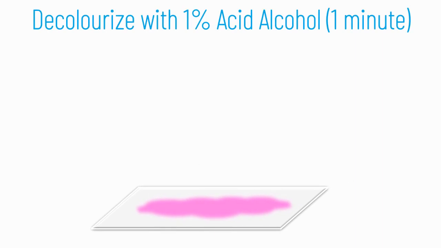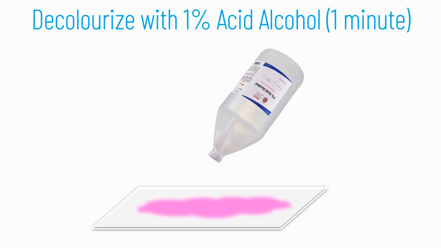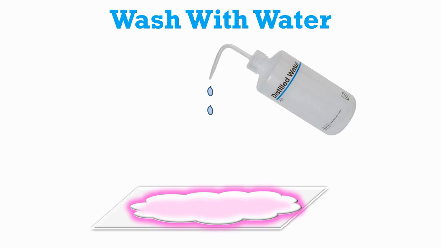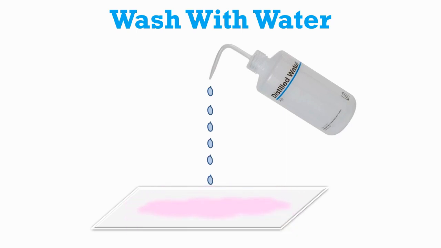The next step is decolorization with 1% acid alcohol. Flood the slide with acid alcohol. Allow it to stand for 1 minute. After 1 minute, wash with water. Repeat the process till there is no more pink dye in the draining fluid.